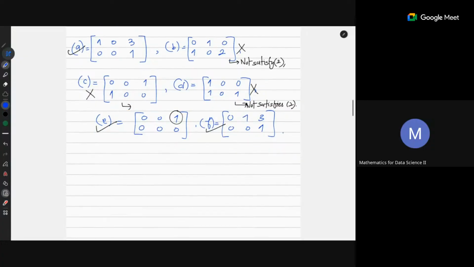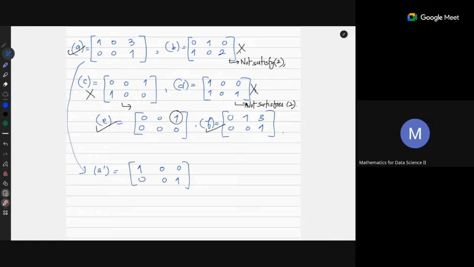What I'm saying is that if you can convert your A into some A prime of this type, where the leading entry of the second row is in the third column and only that leading entry is the non-zero element in that column, then it is in reduced row echelon form.